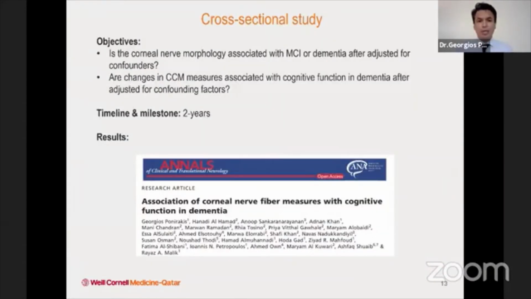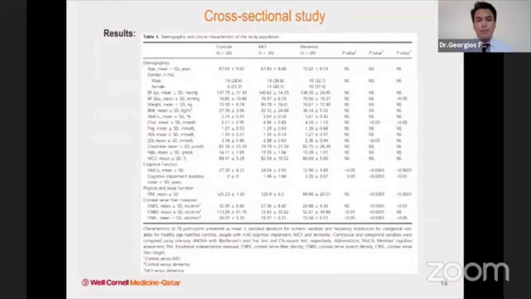So the next thing we looked at is a cross-sectional study over 2 years' time. We already published this in the Annals of Clinical and Translational Neurology, where we show, and sorry for the busy table, but I'm just going to briefly show you the corneal nerve morphology, where you can see there's a progressive reduction in these parameters.